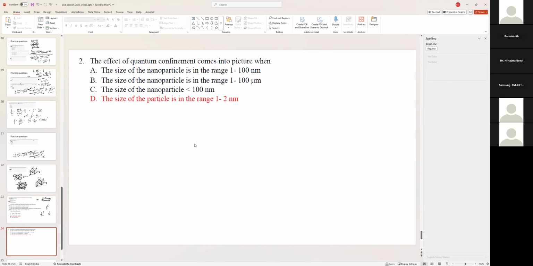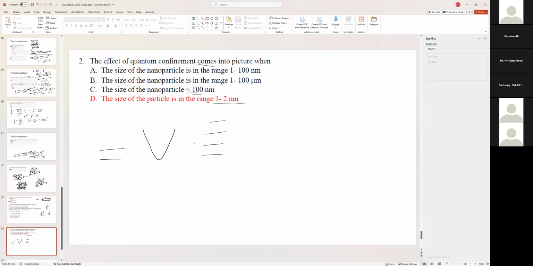So this one, quantum confinement effects, which is like your band structure becoming more discretized. These happen in very small particles where the range is 1 to 2 nanometer.